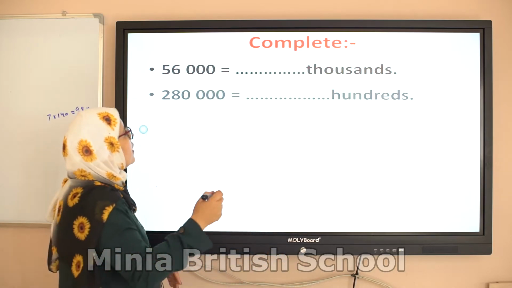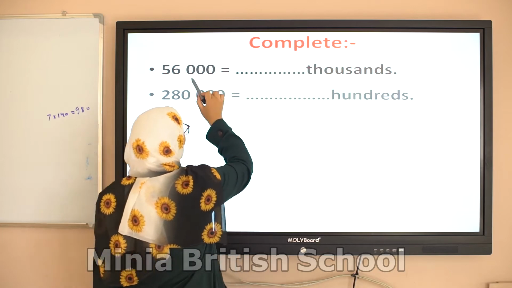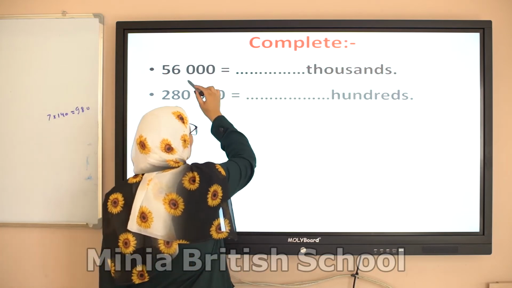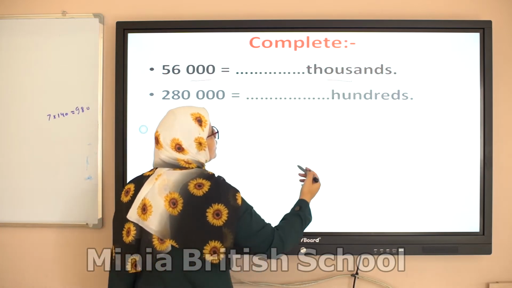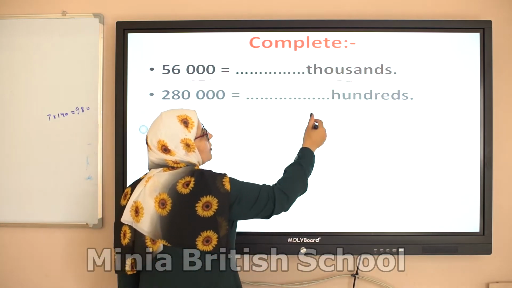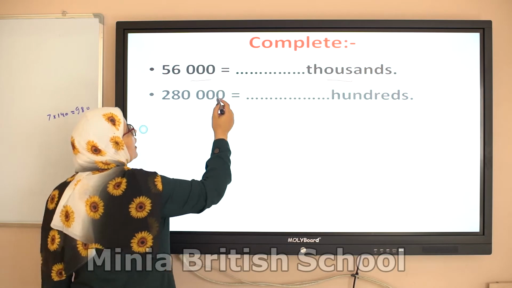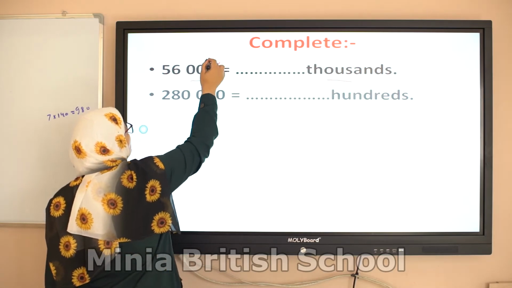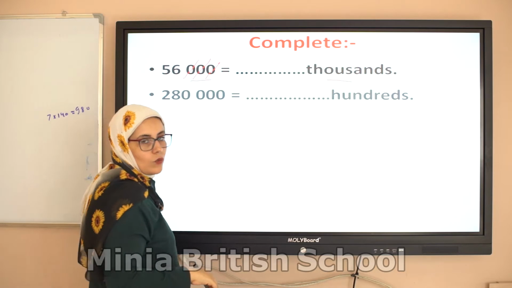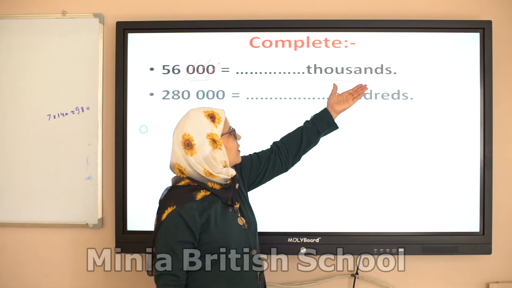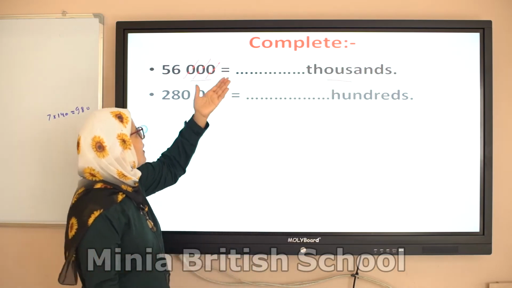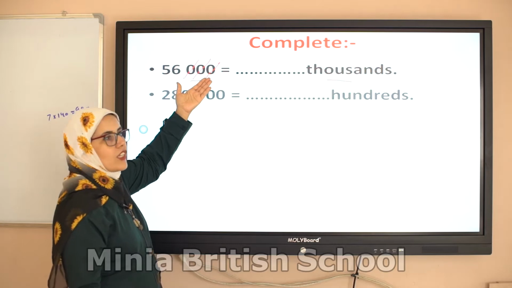Here we have a side and here we have another side. We said before 1,000 means 3 zeros. What will I do? I will not put 3 zeros, I will cancel 3 zeros from the other side. If I have 1,000 on this side, I will cancel 3 zeros from the other side.